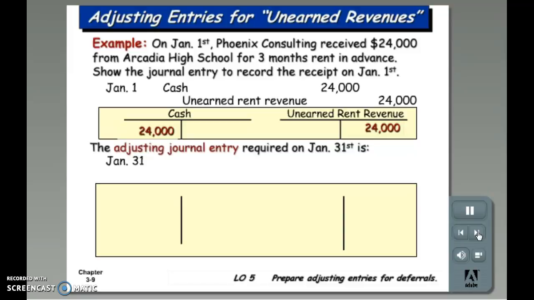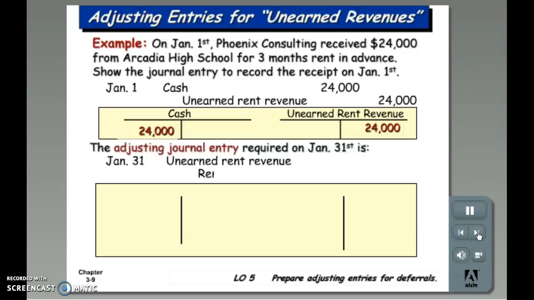fact that Phoenix Consulting has now earned 1 month's worth of rent revenue. Their liability as of January 31 is now only for 2 months versus 3 months, so the liability account, unearned rent revenue, needs to be decreased. Liabilities decrease with debits, so unearned rent revenue is now debited.